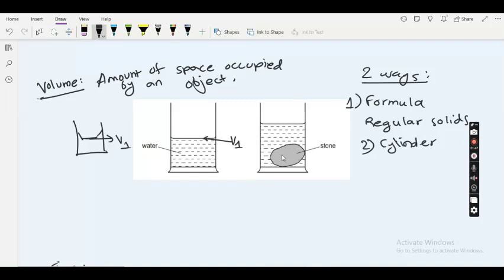Next you will add the solid inside the measuring cylinder, and then you will check the new reading. This new reading is V2. And the volume of the solid is equal to V2 minus V1. That is because the amount of space occupied by the solid is V2 minus V1.